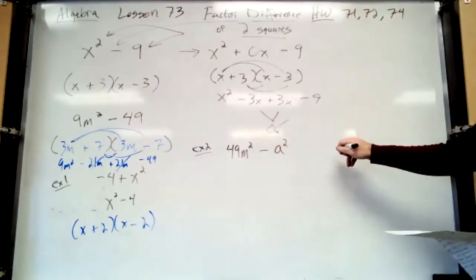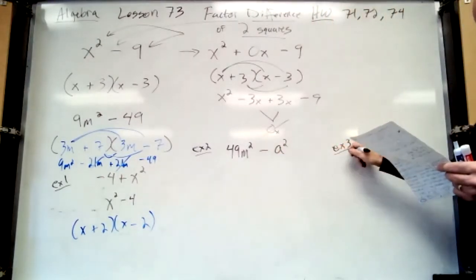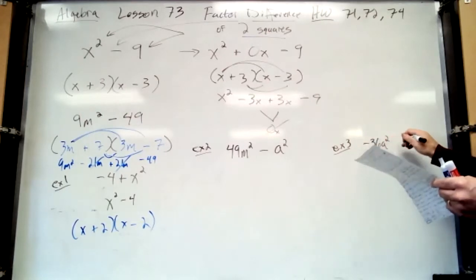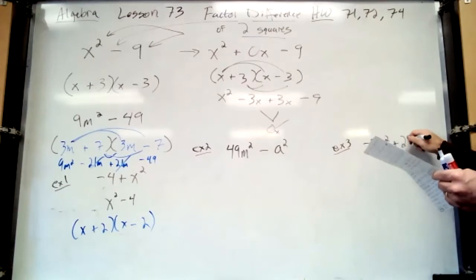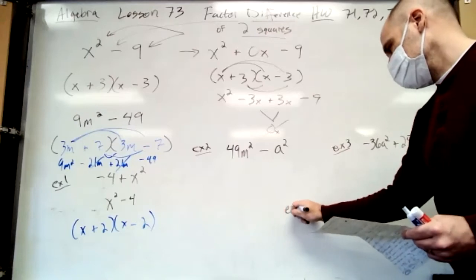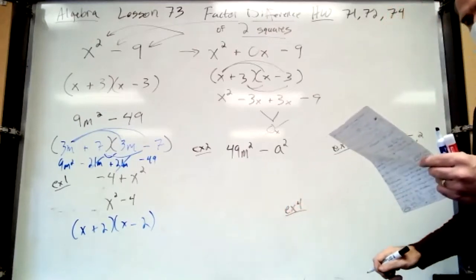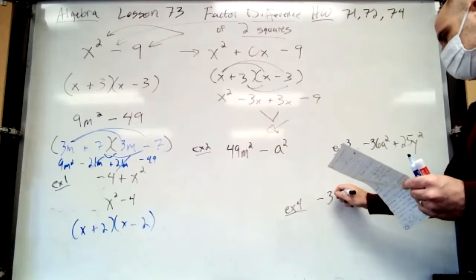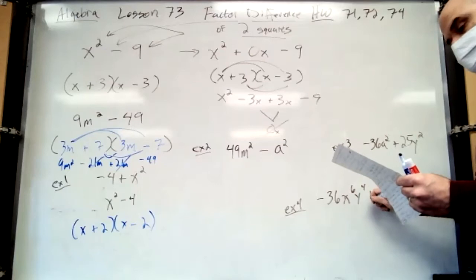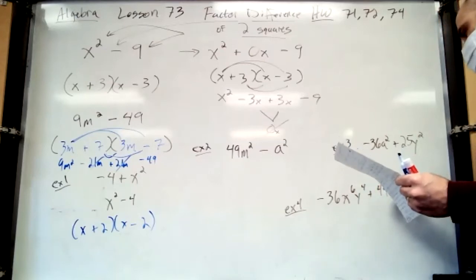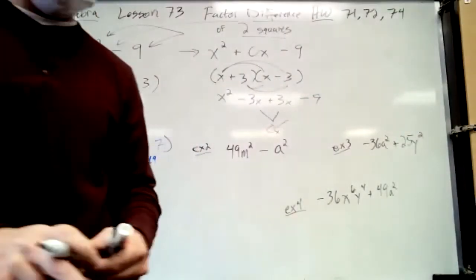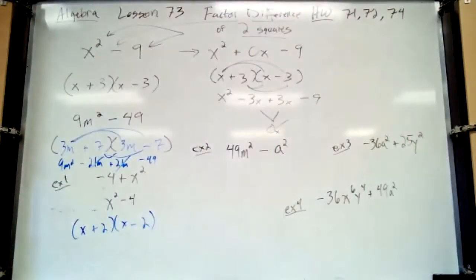Here's example 3: negative 36a squared plus 25y squared. Here's example 4: negative 36 x to the 6th y to the 4th plus 49a squared. They try to make it difficult, but if you're understanding this, none of these are difficult.